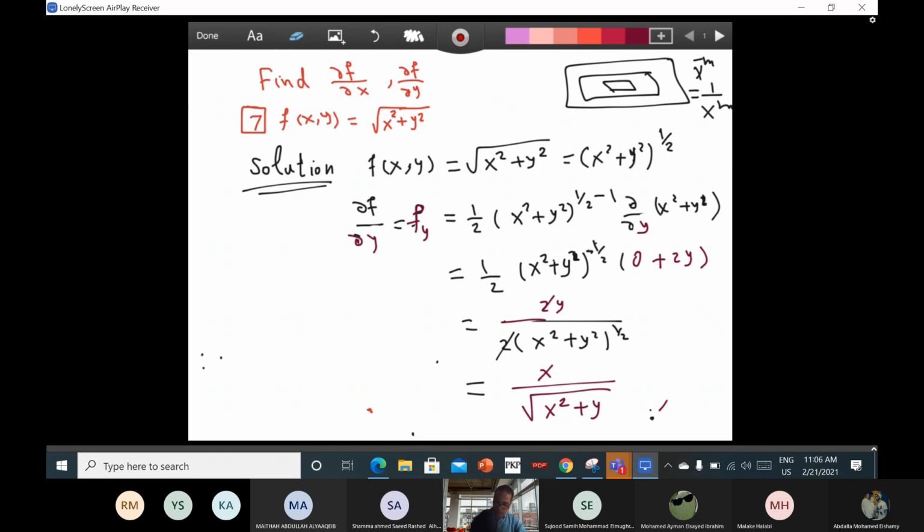So what's the difference? It's just that I consider x as a constant when I differentiate with respect to y. The derivative of any constant with respect to any variable will be 0, right? Easy? Yes, easy. Okay, take a screenshot, please, and put it in the chat.